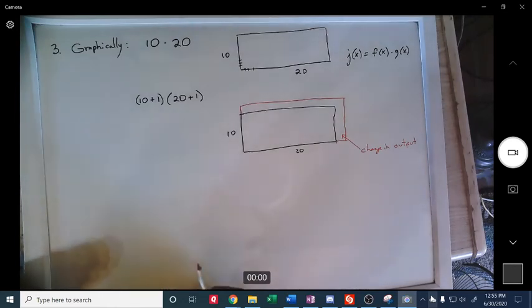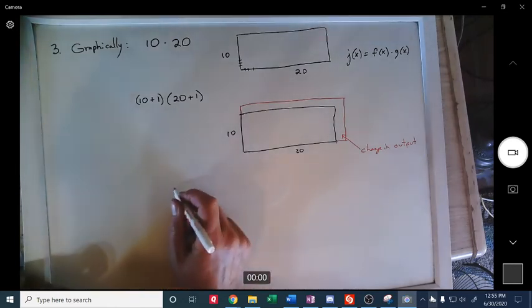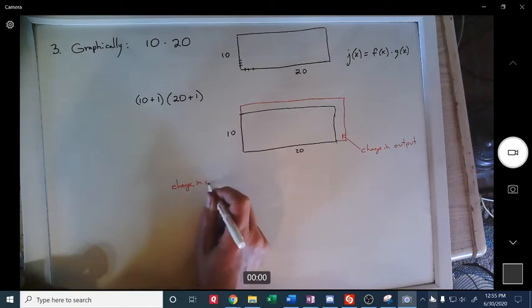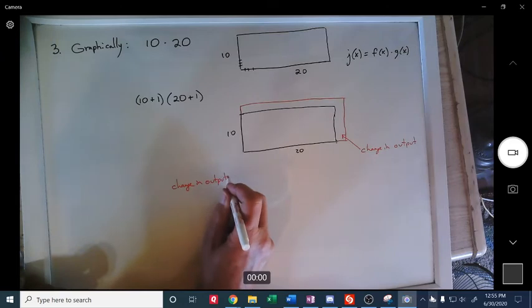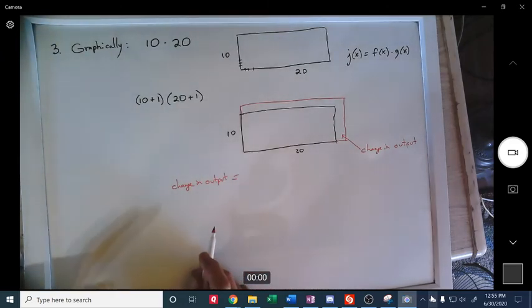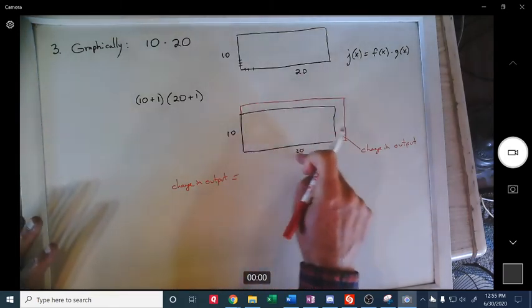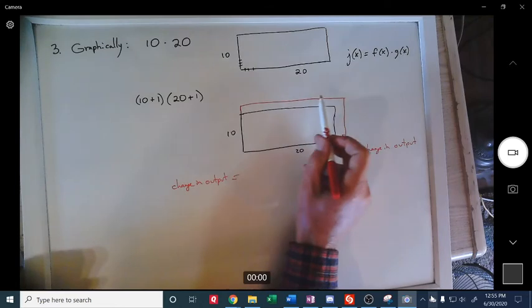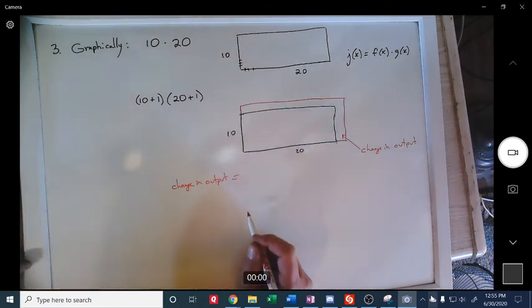Now, the change in the output, it's not the total output. I'm not looking at just the total area. I'm looking at just the red portion, the change in the output. Well, there's different components to it.